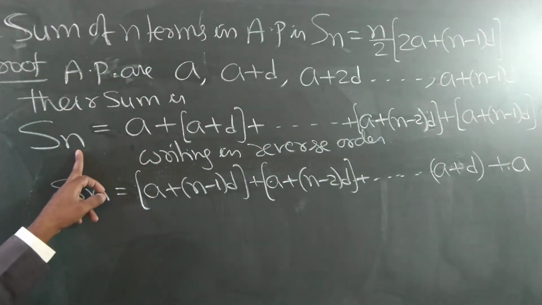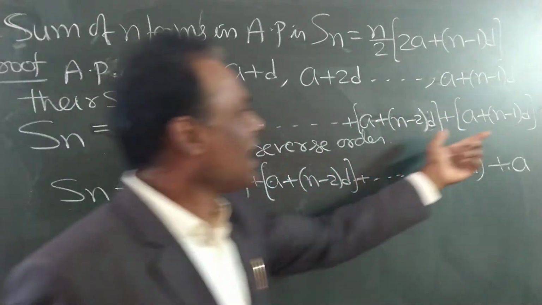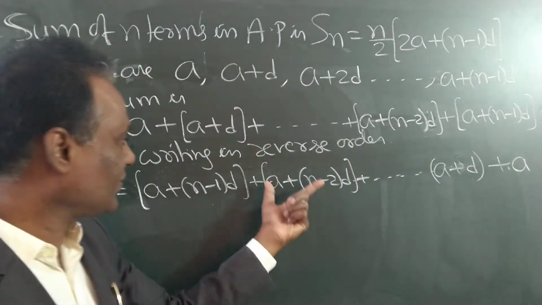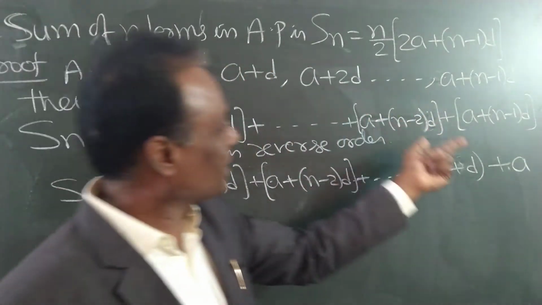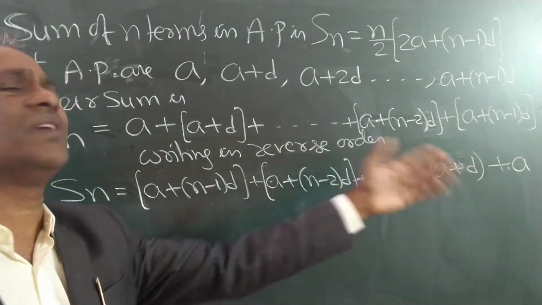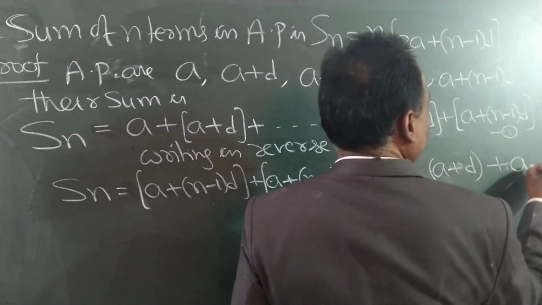The same Sn I am writing in reverse order: last term as first term, last but one second, second term will become last but one, first term will become last term. Same series I wrote in reverse order. Take this as 1, take this as 2.